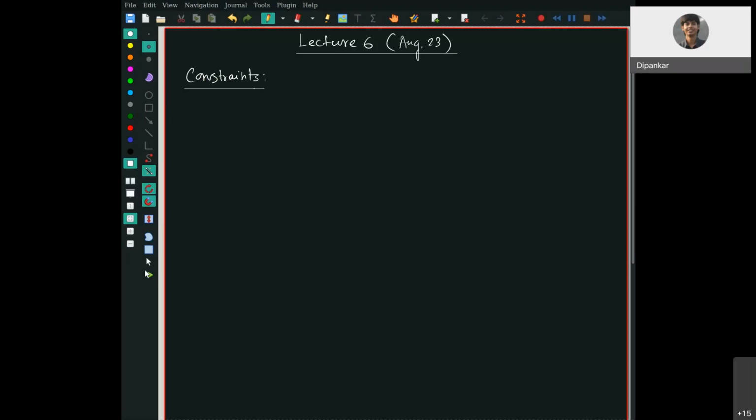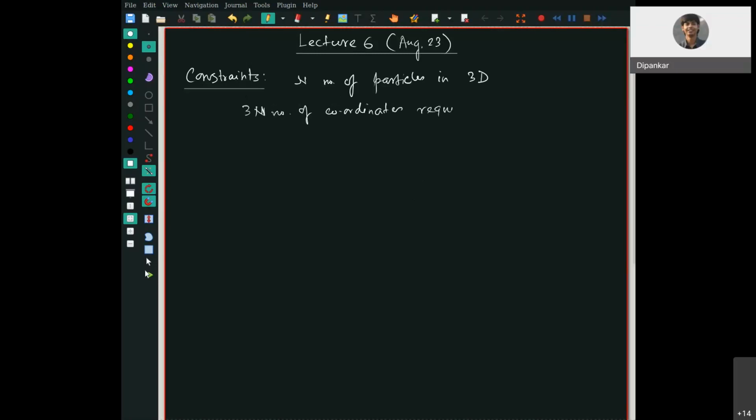So if you have, say, n number of particles in 3D, you would say that you need 3n number of coordinates required to describe them. By coordinates, I implicitly imply Cartesian coordinates.